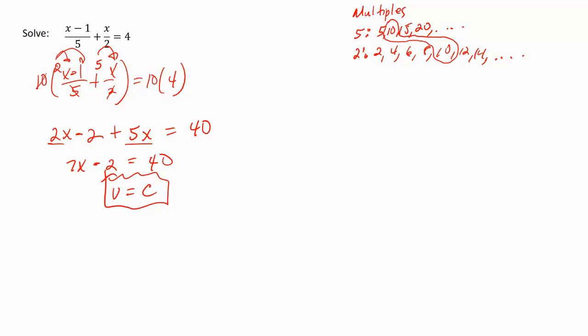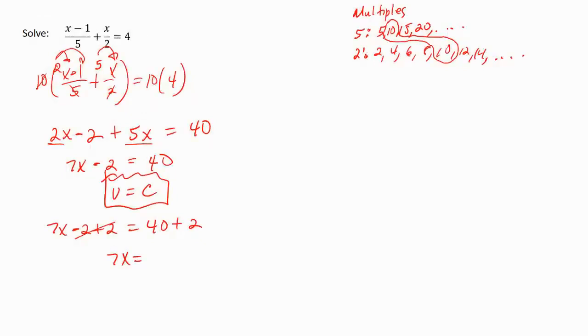However, negative 2 is not a variable, so I'm going to add 2 to both sides, or transpose 2, to both sides. I'm going to add 2 to the left-hand side and add 2 to the right-hand side. On the left-hand side, the 2's cancel.